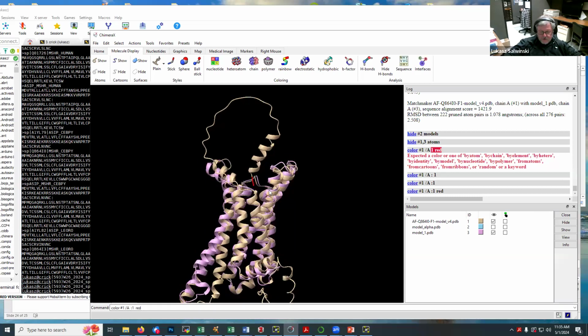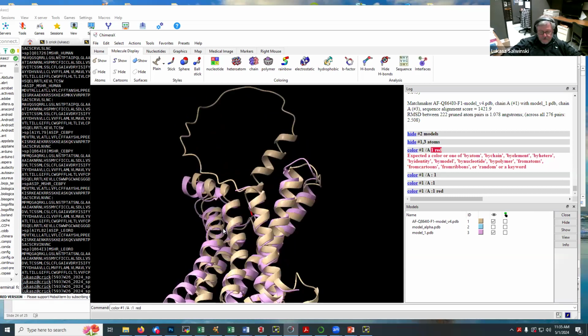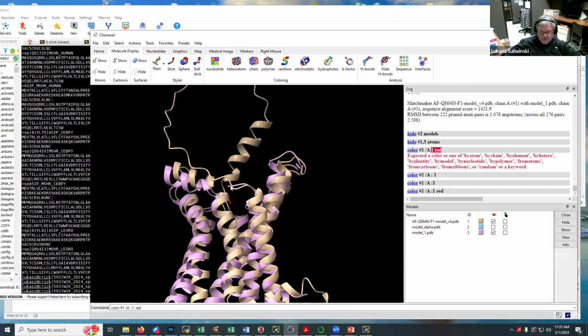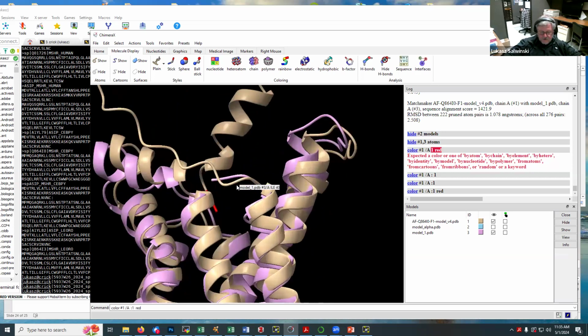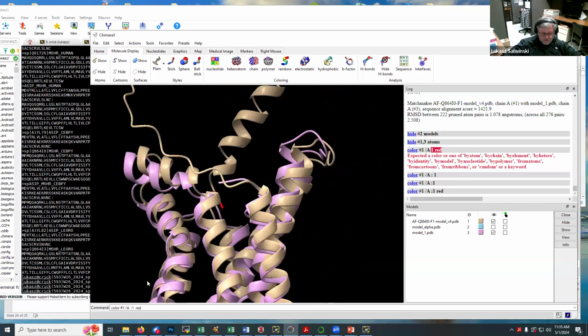If we want to select an entire range, this was one, this is number 40, so we want to remove 1 to 39.